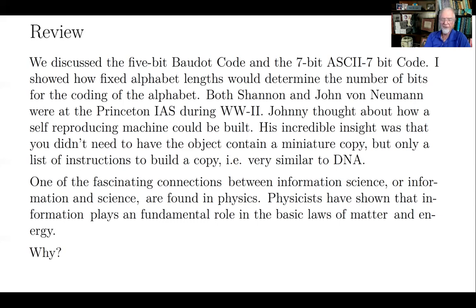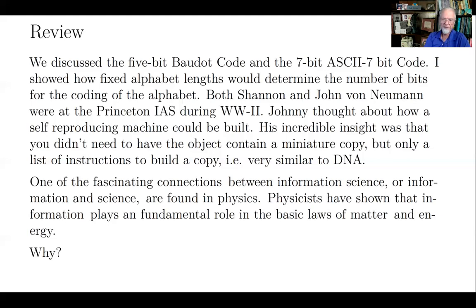So if you think about a Julia set, if you keep going down to finer and finer detail, you keep seeing the same Julia set reproduced and reproduced as you go down to smaller and smaller sizes. And this would give you an infinite amount of information that you'd have to be able to describe. So Johnny's insight was that you didn't need to have the object contained in a miniature copy, but simply a list of instructions to build a copy.